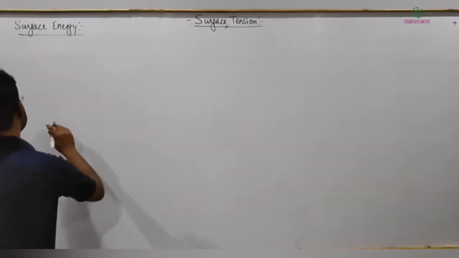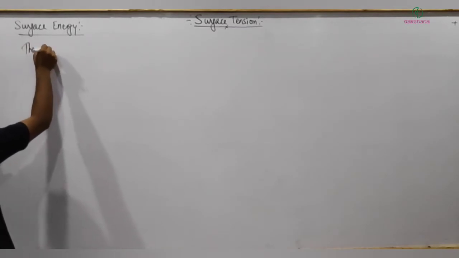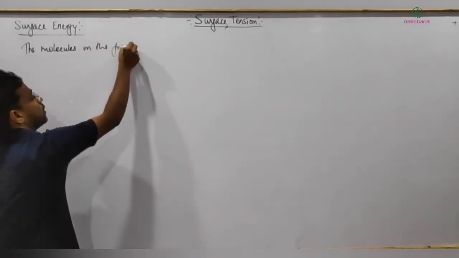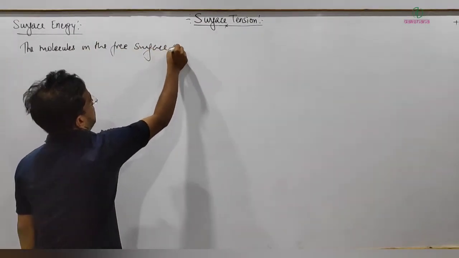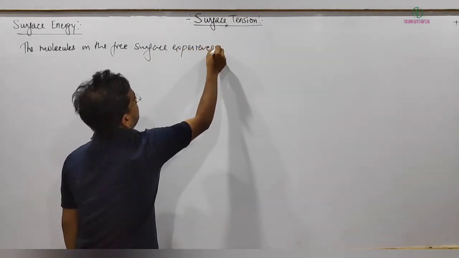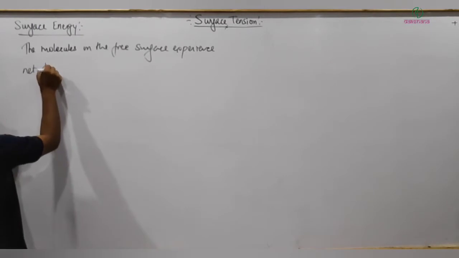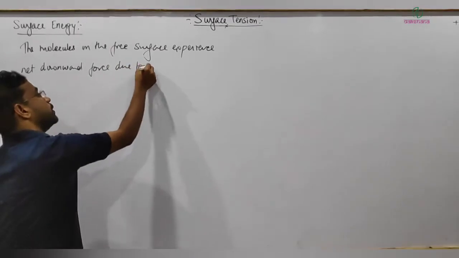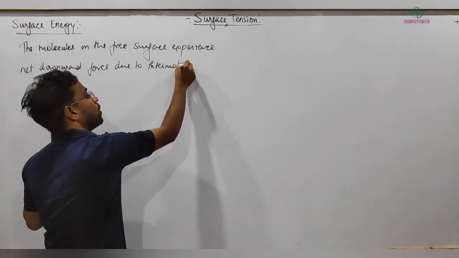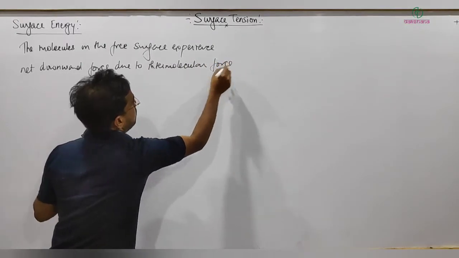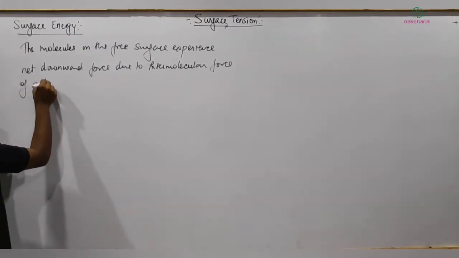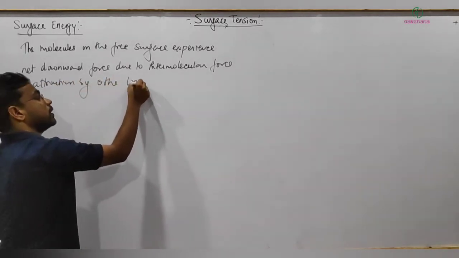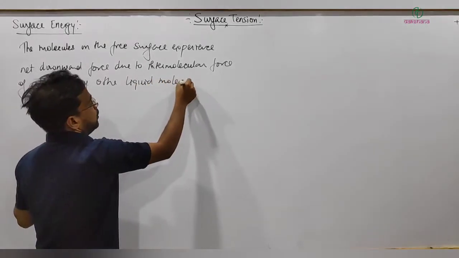So you must be clear about where exactly we have to do some work. Here we can say the molecules on the free surface experience a net downward force due to intermolecular force of attraction by other liquid molecules.